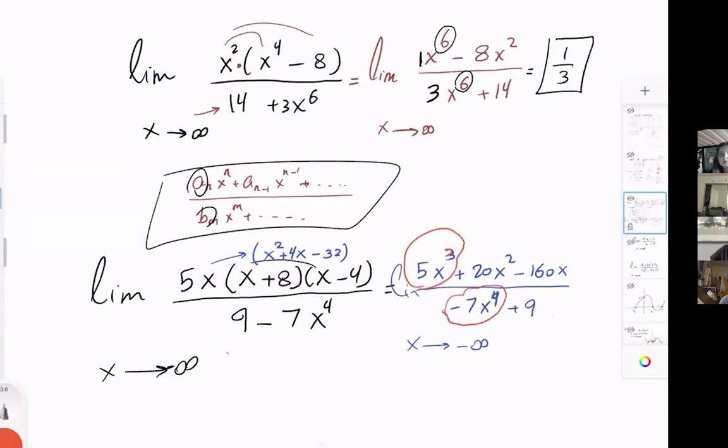The degree is 3, this is 4. The denominator is more than the top. What's the answer? 0, yeah. If it's the same degree, it will be the coefficient. If the denominator is more, then y equals 0. The answer is 0. Horizontal asymptote is 0.